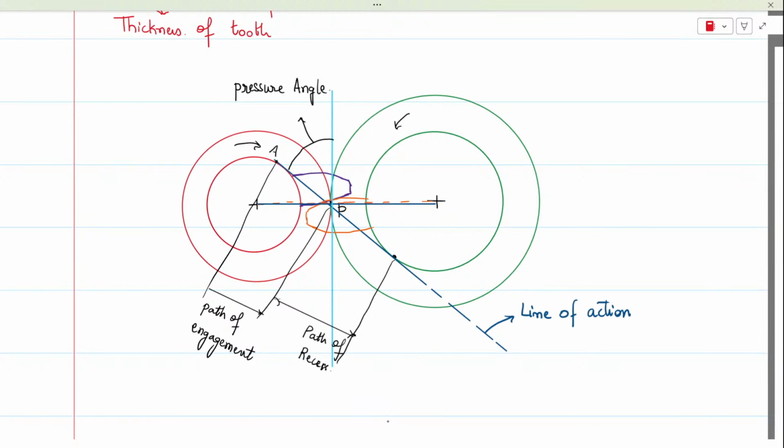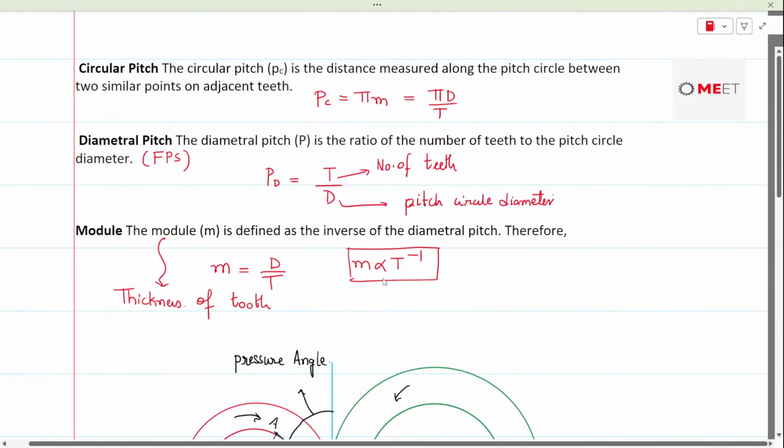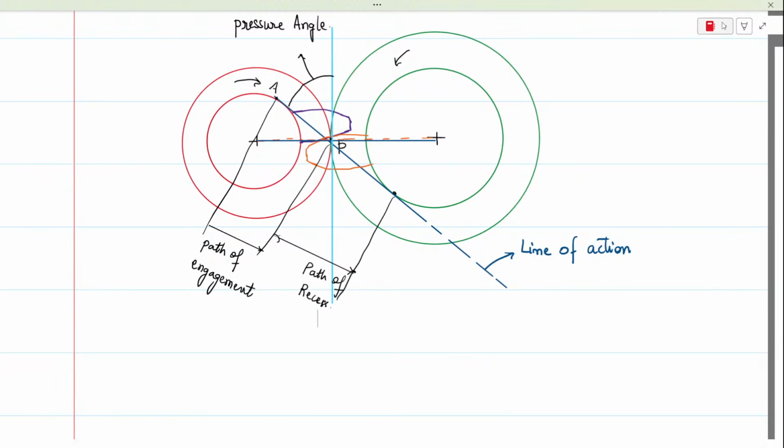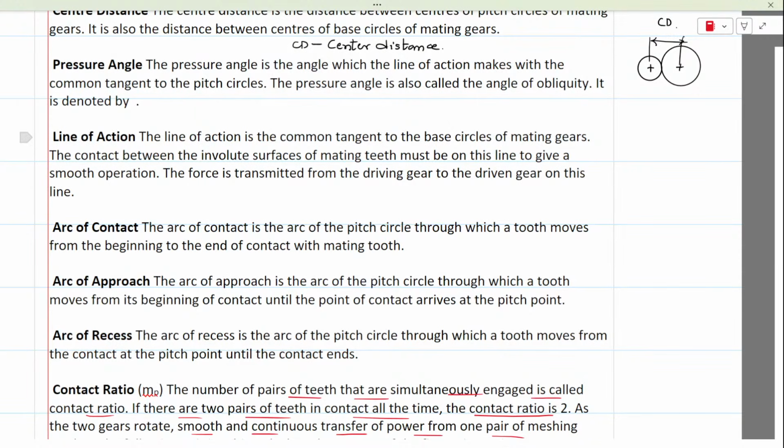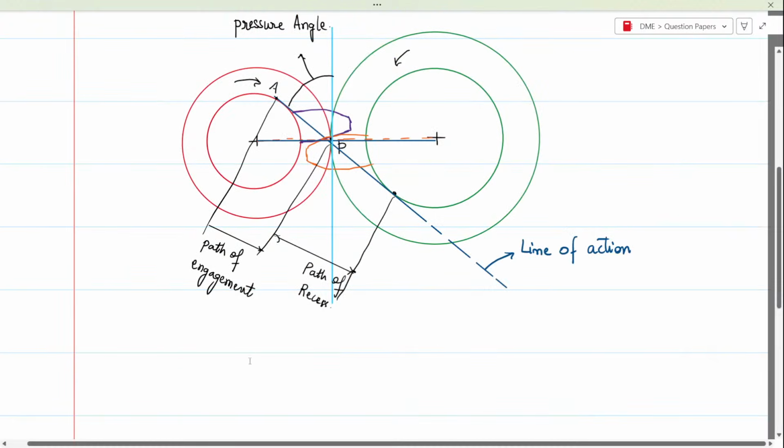If we try to express the same thing in terms of arc, along the same line, it becomes the arc of engagement and arc of recess. These are the important parameters, and together the whole line is called the line of action.